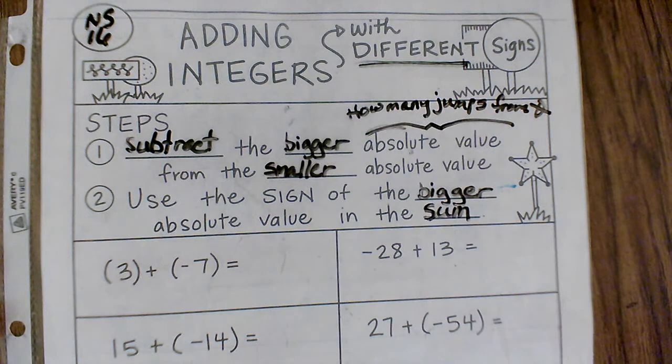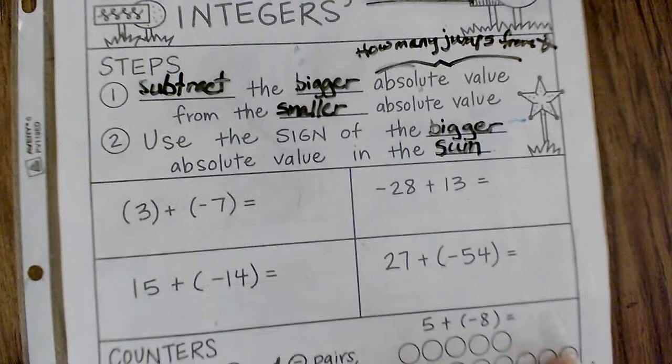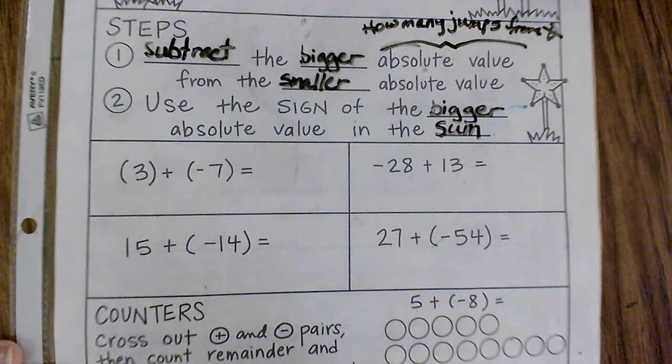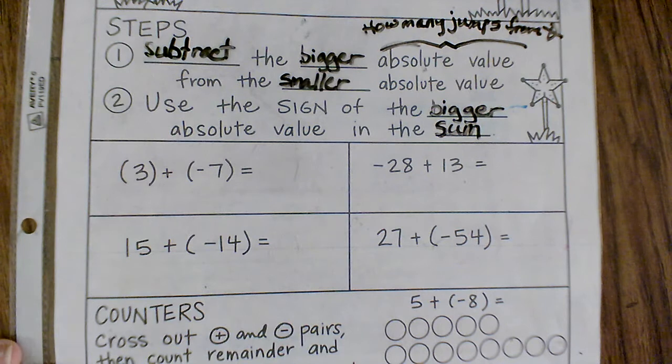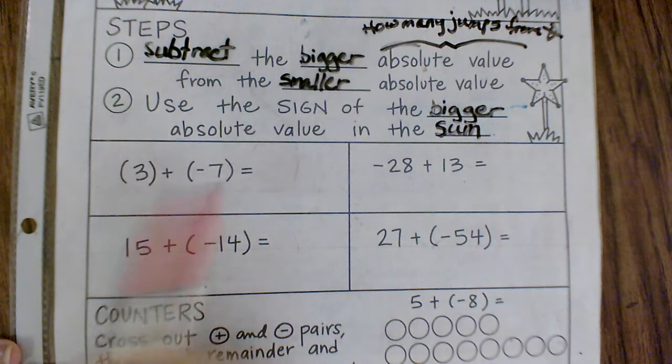All right? So, here's where we're going to make it work. Watch this. I'm looking at a +3 and a -7. I'm going to forget for right now which is positive and negative.